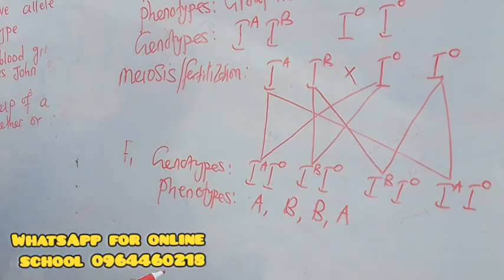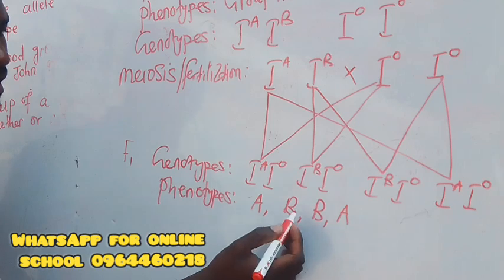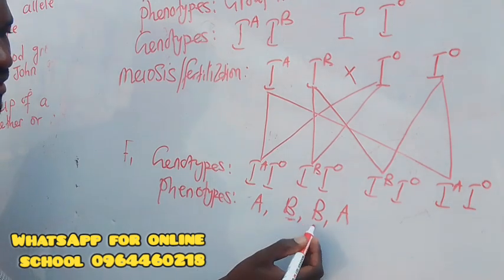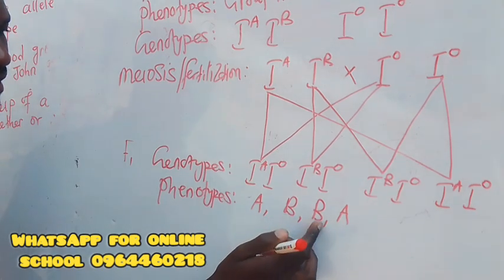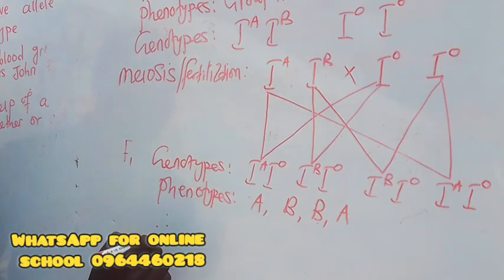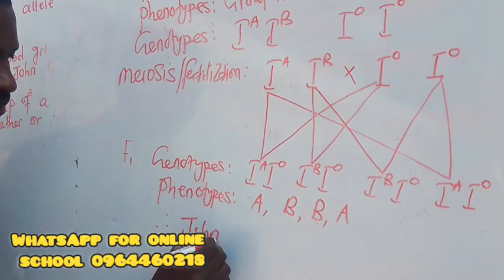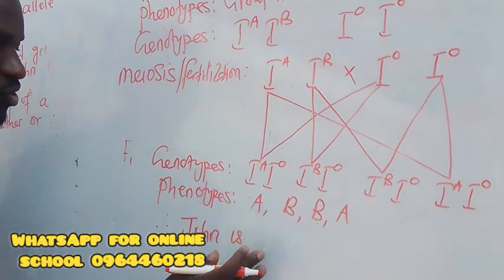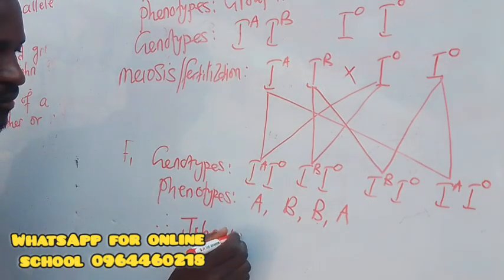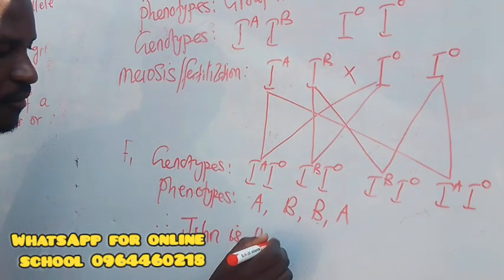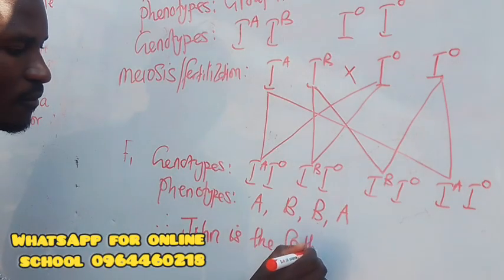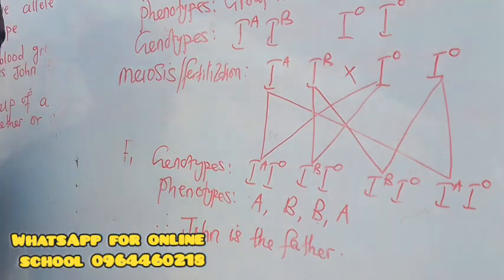Now from this result, because of the presence of BB, we can conclude that John is the father.